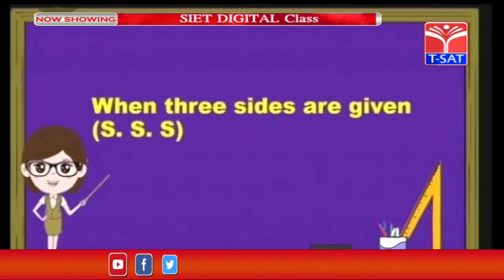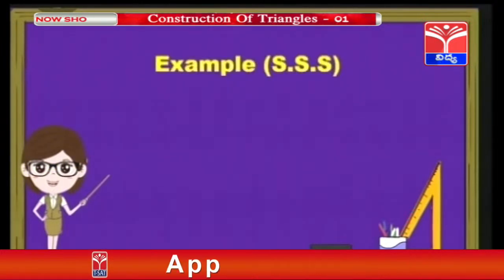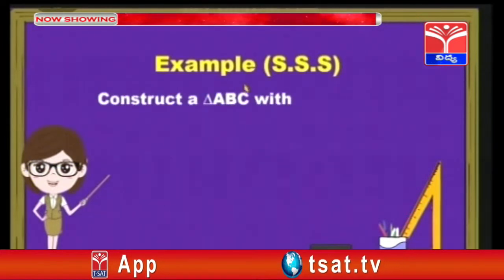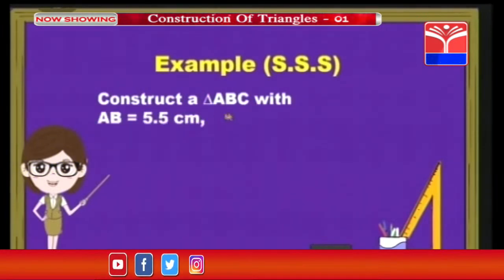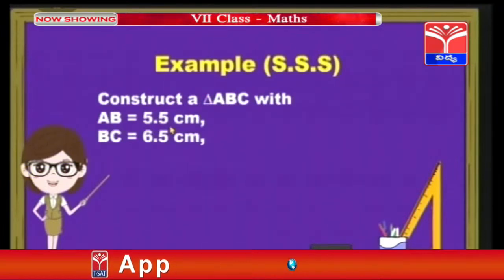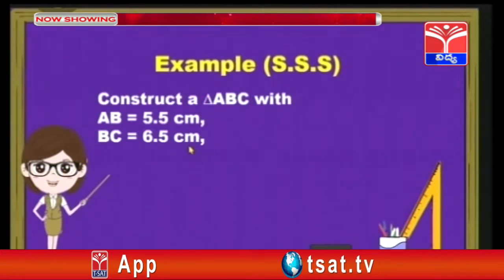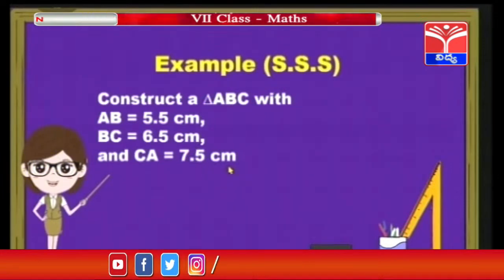Let us see, when 3 sides are given, how can we construct a triangle? Let us consider an example. Here, we have to construct triangle ABC when measurements are given like this: AB is equal to 5.5 centimeters, BC is equal to 6.5 centimeters and CA is equal to 7.5 centimeters.